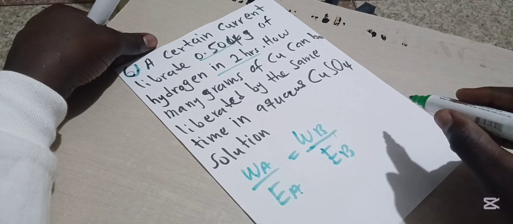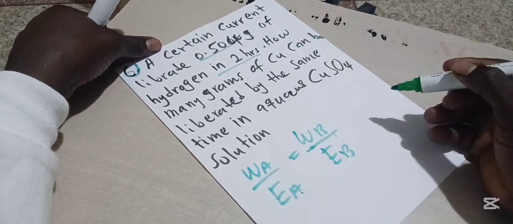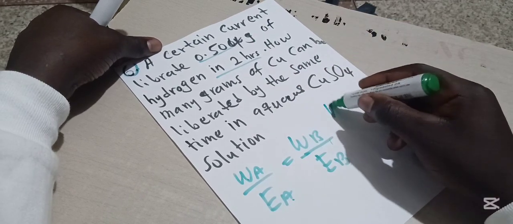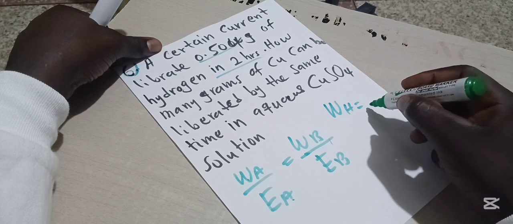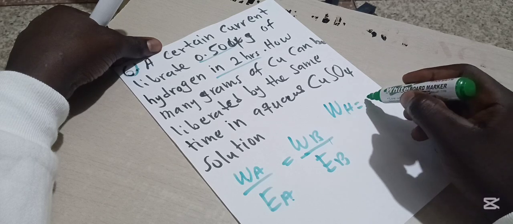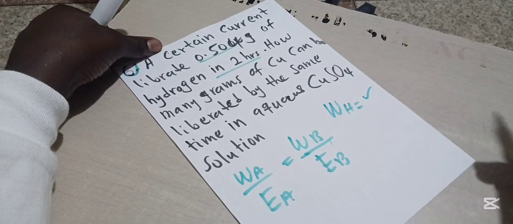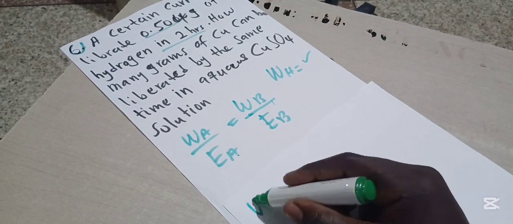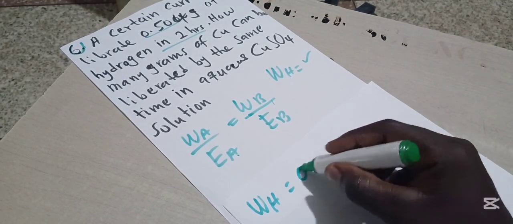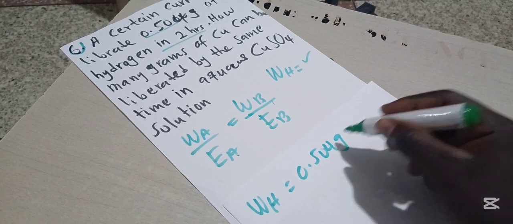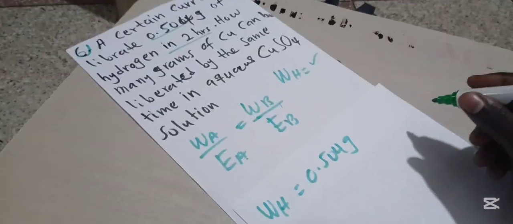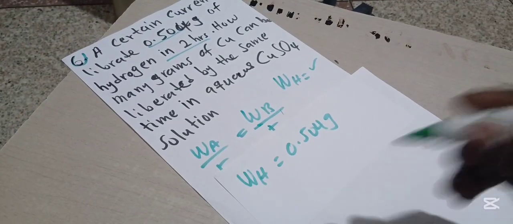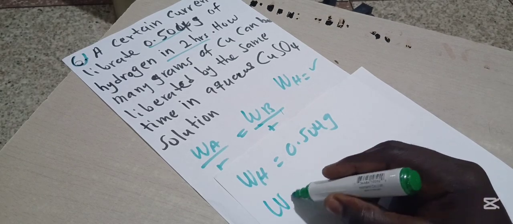So we have the mass of hydrogen given, and this is our formula. We know our mass for hydrogen to be 0.504 grams, but we don't know the mass for copper.